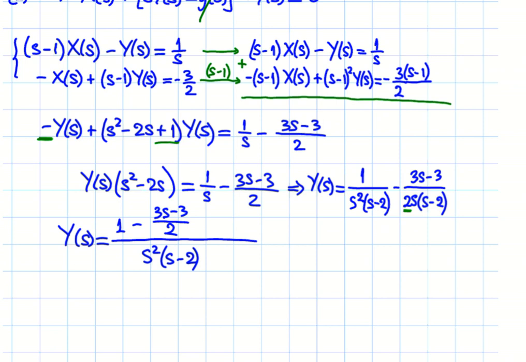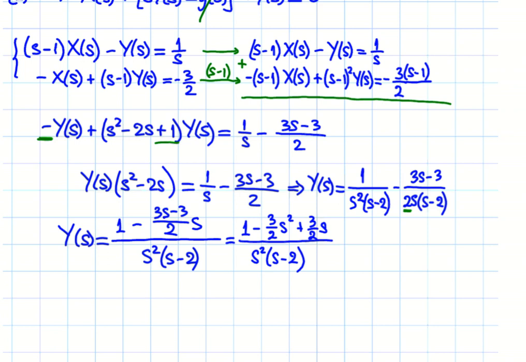And we're missing a power, so we multiply by s there. After we simplify, we should have (1 minus 3/2 s squared plus 3/2 s) over s squared (s minus 2) at the bottom.